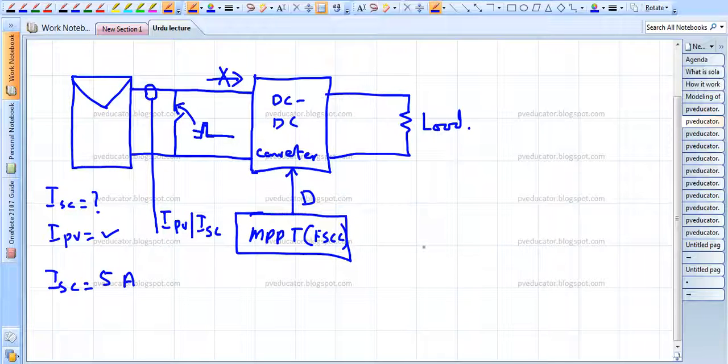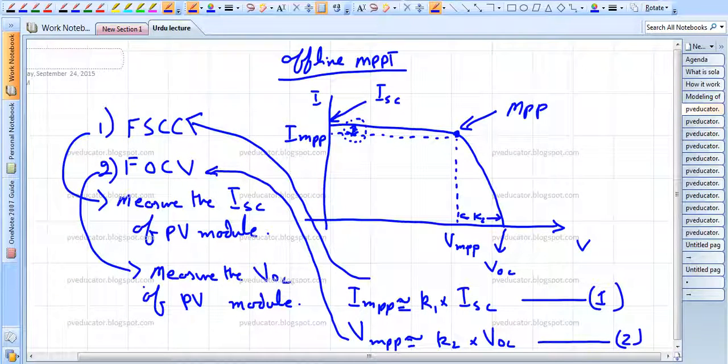So our algorithm is very simple. We measure this ISC, and then we multiply it by the factor K that we have discussed in this equation, K1 into ISC.